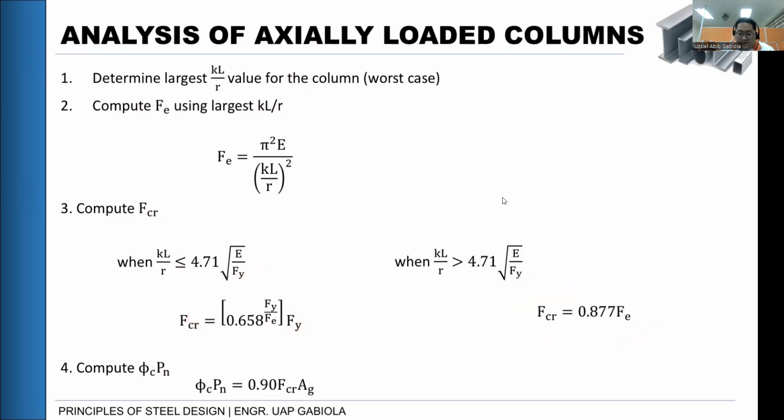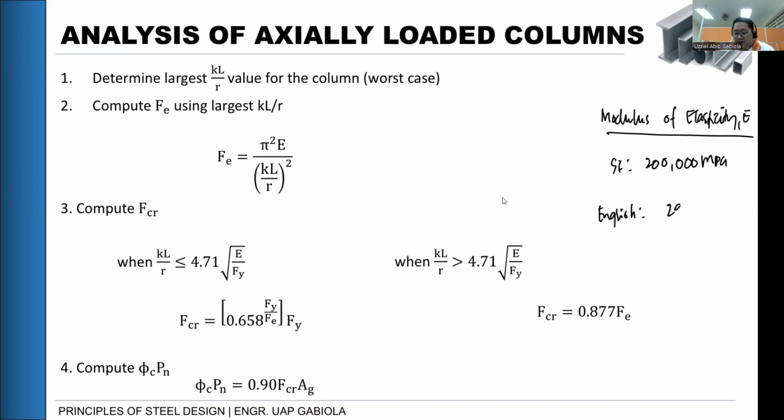Okay? So, diba yung modulus of elasticity, baka nalilimutan lang, yung E natin, for SI muna, for SI ang ginagamit natin is 200,000 megapascal yung constant natin. And for English, we are using 29,000 ksi.